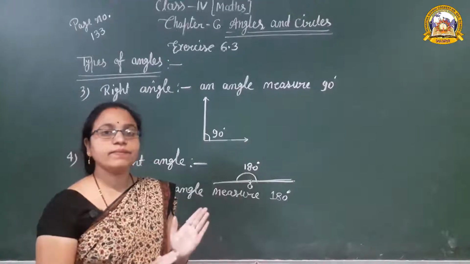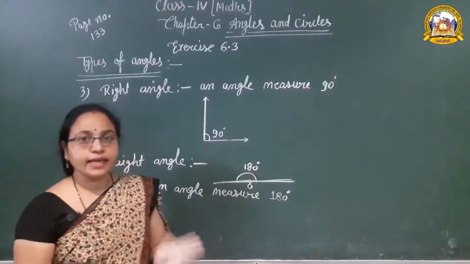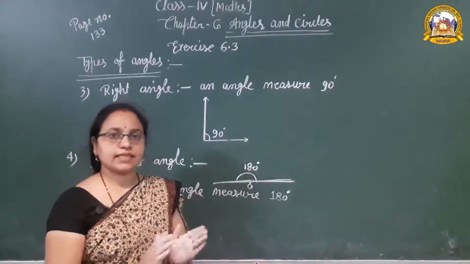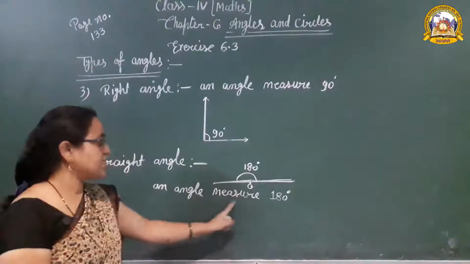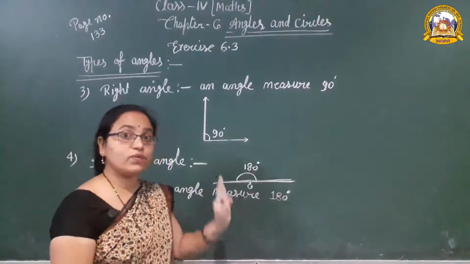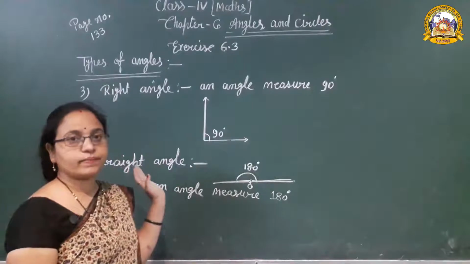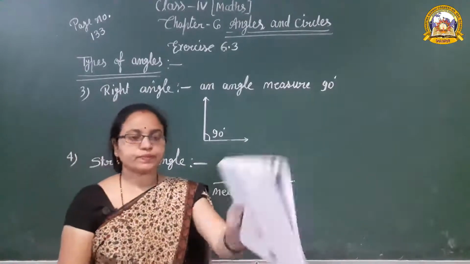A right angle is an angle that is measured 90 degree. And a straight angle is an angle that is measured exactly 180 degree. Okay, so I hope all these angles are clear to you.